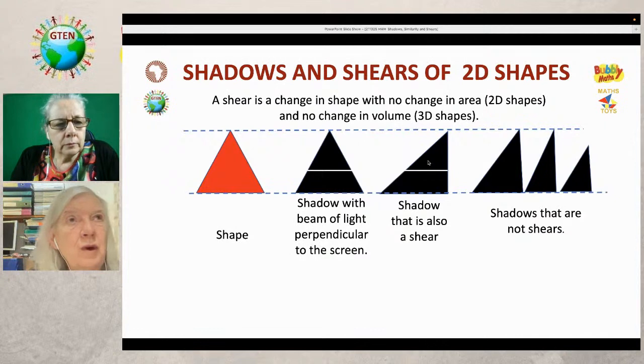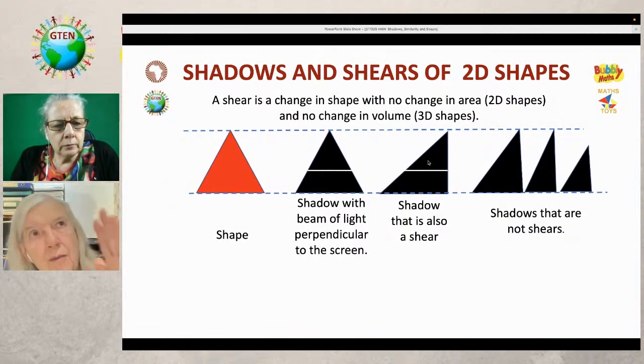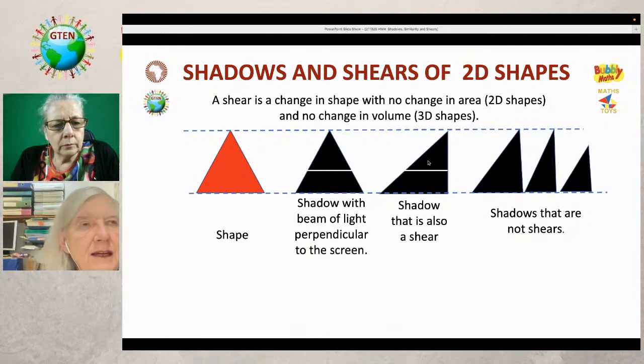If there's a high wind, it moves ever so slightly, all from the direction of the wind makes the whole skyscraper move a little bit, and that is a shear. It doesn't change its volume, and when the wind dies down, it will go vertical again, and it's so slight that nobody notices the difference.